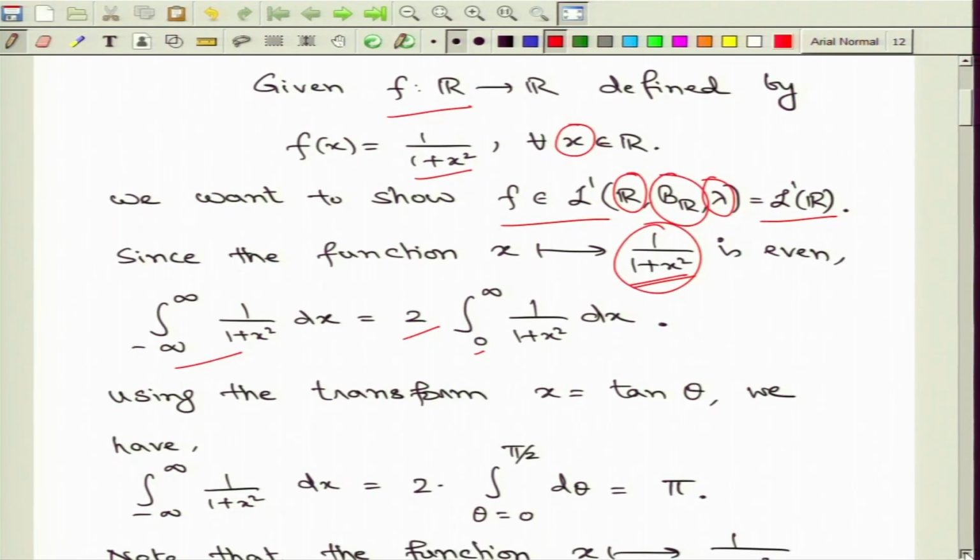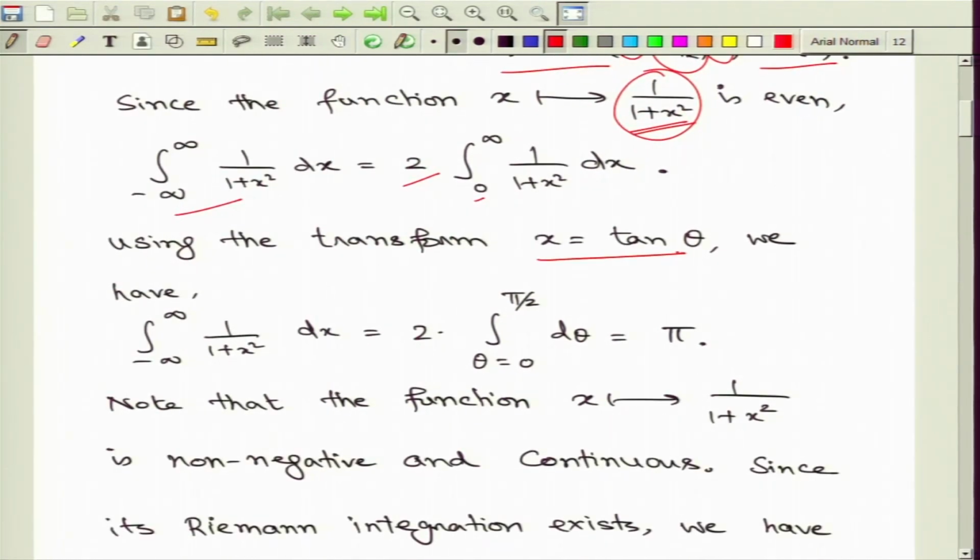Here we use a very standard transformation technique: we change the variable small x to tan theta. Then the range of theta will be from 0 to pi by 2. If we do the calculations, the simplification ends up with pi. So, what we have shown is that the Riemann integration for this function can be computed, and it turns out to be pi.